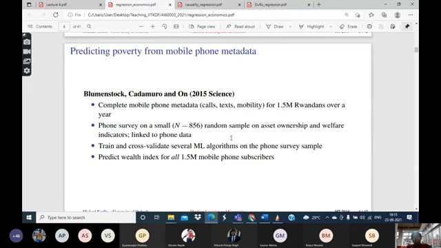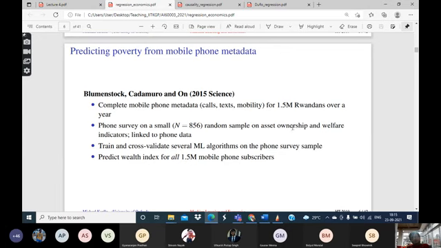That function f can be a decision tree, it can be a lasso regression, or it can be something else also. And once I have estimated the function f, then I can run it on the Z collected from all the 1.5 million mobile phone users.